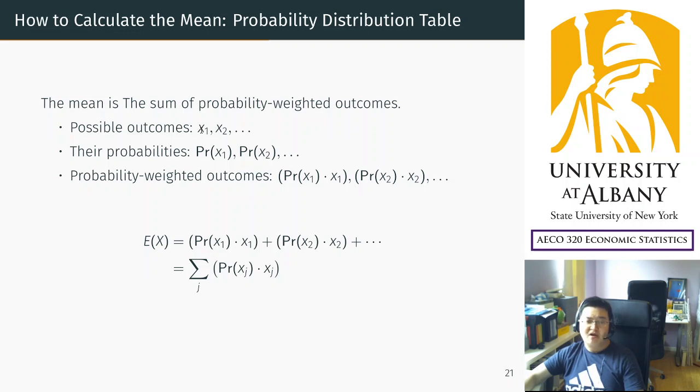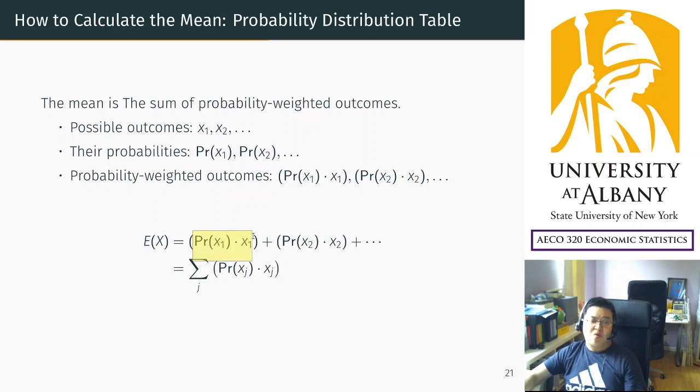Lowercase x1 times the probability of lowercase x1 is the probability weighted outcome for the first outcome. And there may be many more outcomes. So mathematically, you can write it this way.